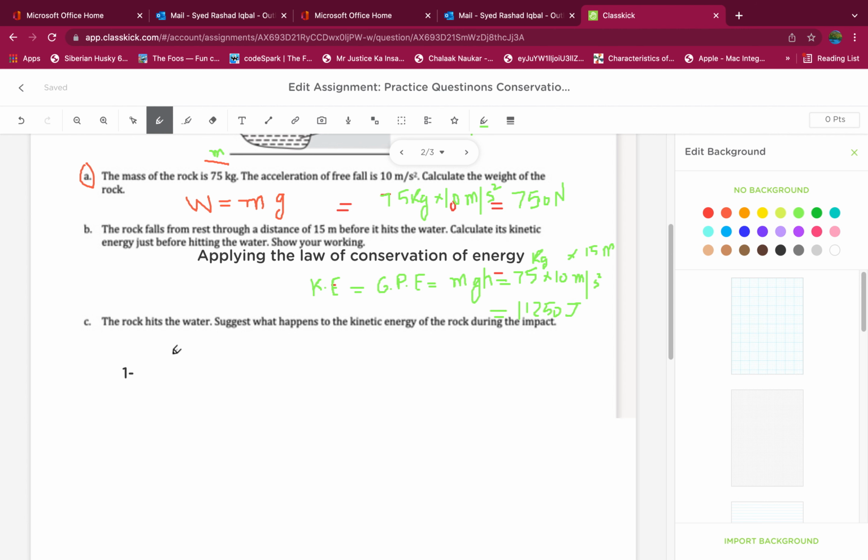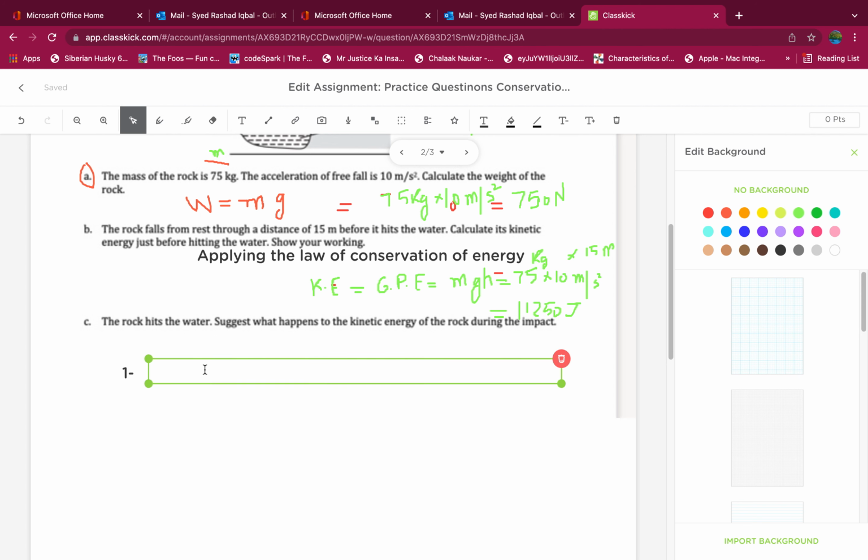Impossible. The rock hits the water. Okay, whenever it hits the water, what happens to the kinetic energy? Before hitting the water, it has kinetic energy of 11,250. When it hits the water, where does the energy go? What energy changes come? So what do you think? First of all, whenever it hits the water, what will you hear? I hope you will hear the sound. So you can write sound energy of splash.